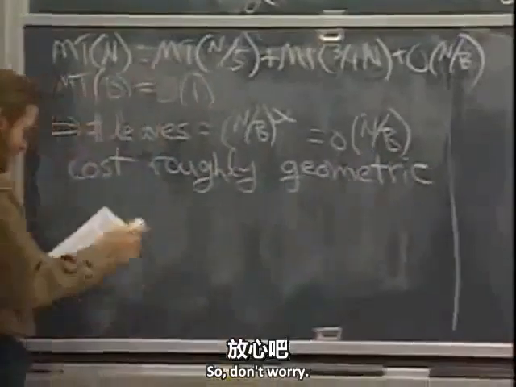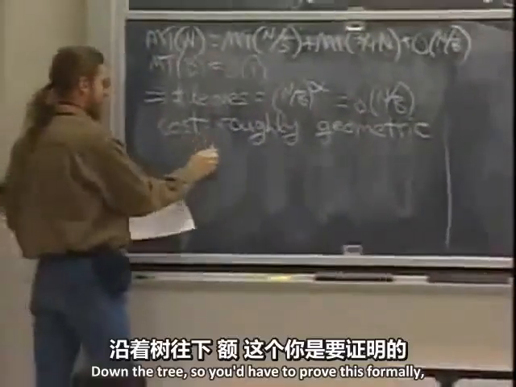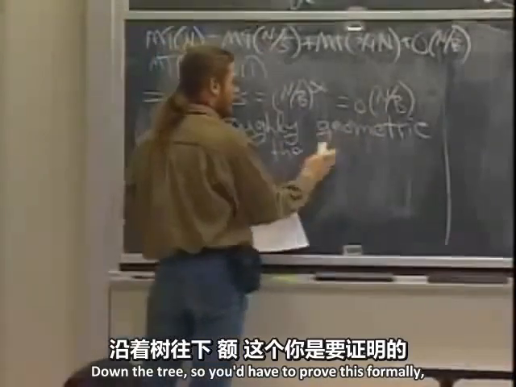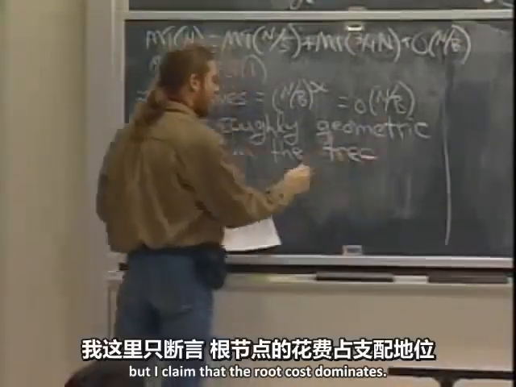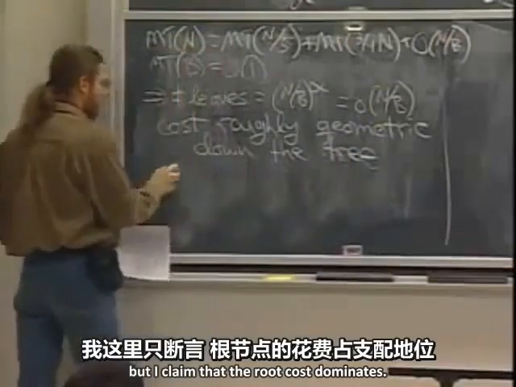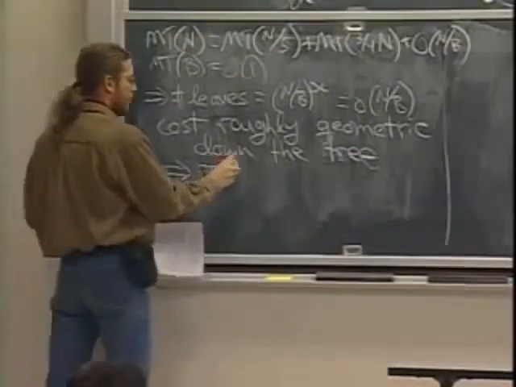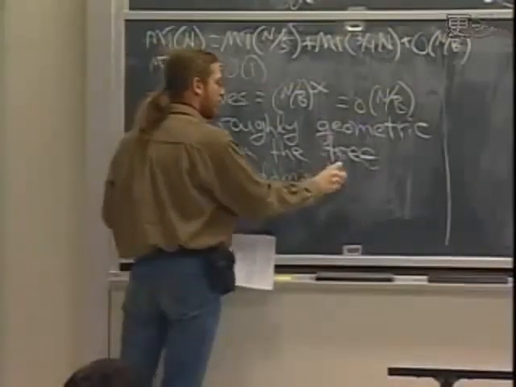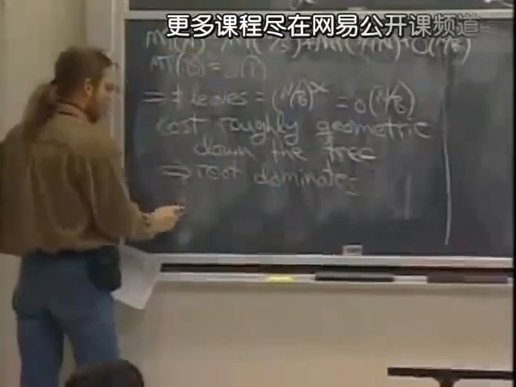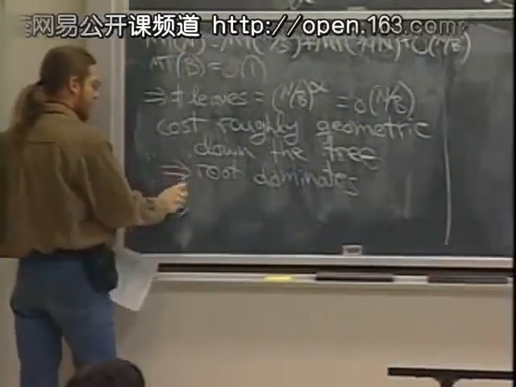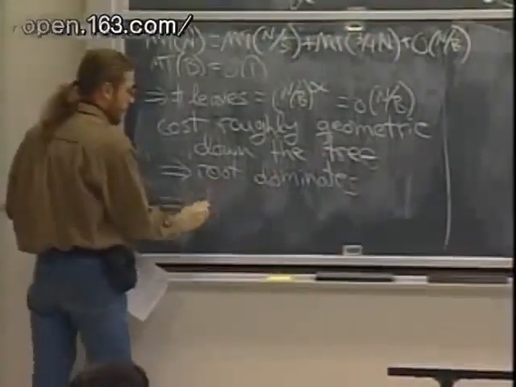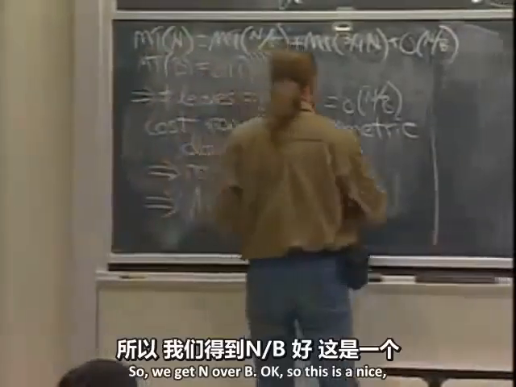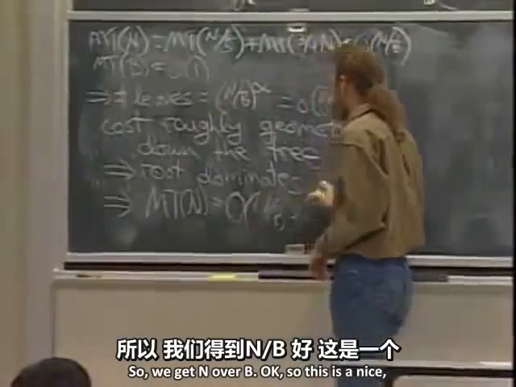So don't worry. Down the tree, you'd have to prove this formally, but I claim that the root cost dominates. And the root cost is n over b. So we get n over b.